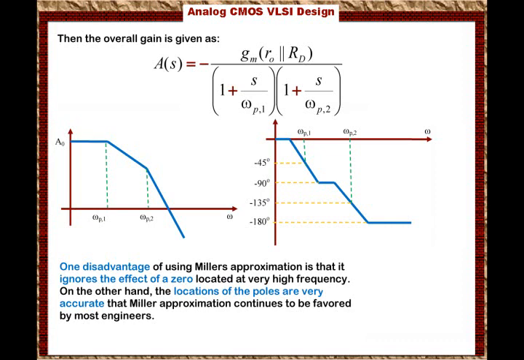This concept is studied in controls and it is touched on in some of the electronics courses. But the frequency response is very important, not only because it will tell us the response of the amplifier as a function of frequency, but it will also be crucial to the stability of the amplifier in feedback systems. The stability of the amplifier means that the amplifier is working and is not oscillating.